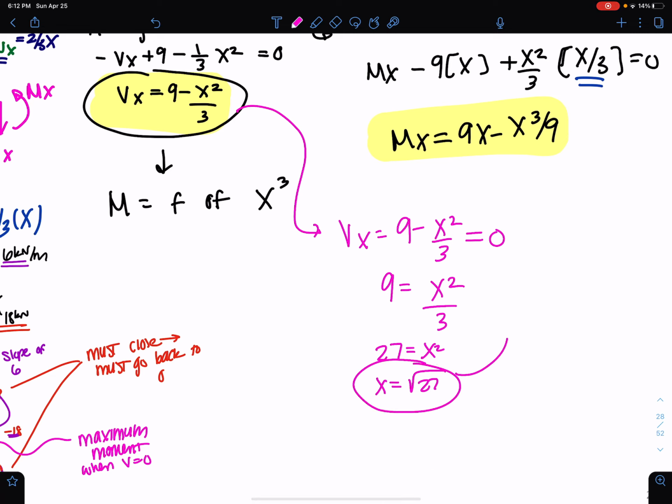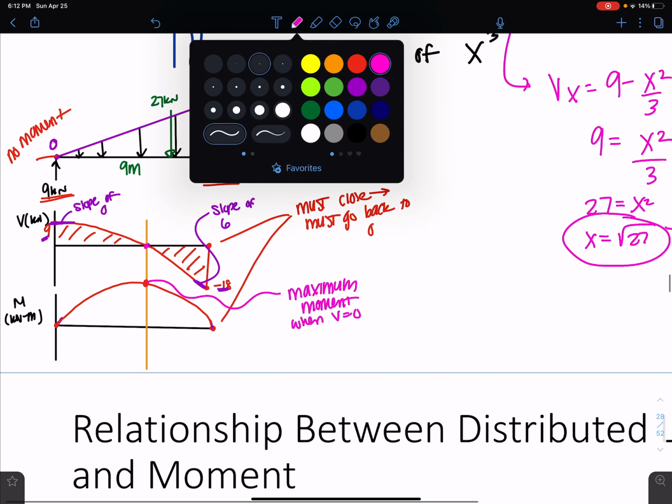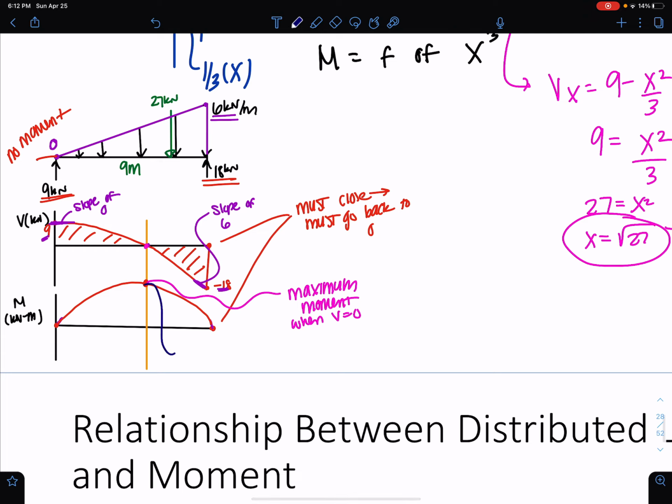And if we plug this into our M of root 27, we end up getting 31.2. So our max moment is actually 31.2. And that is our final shear and moment diagram for this problem.